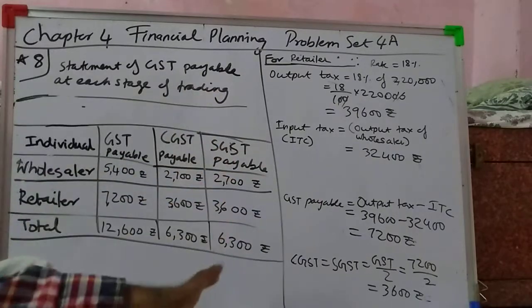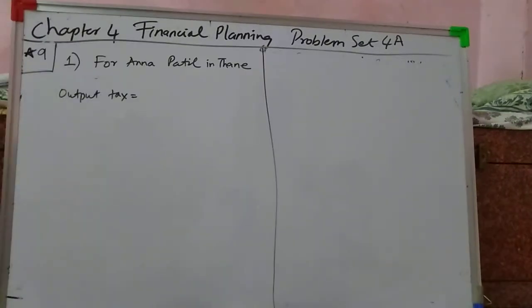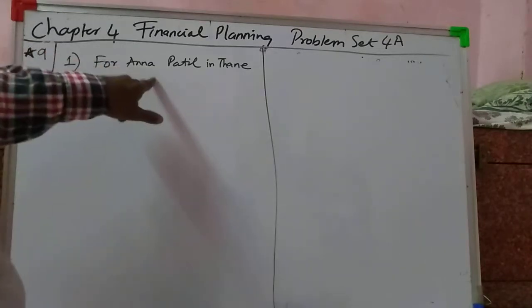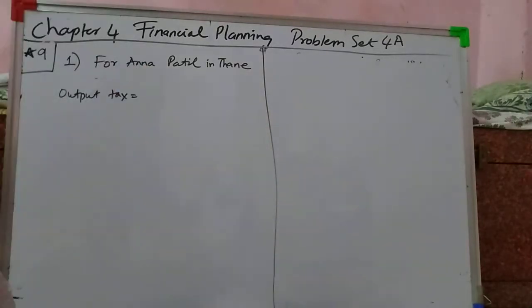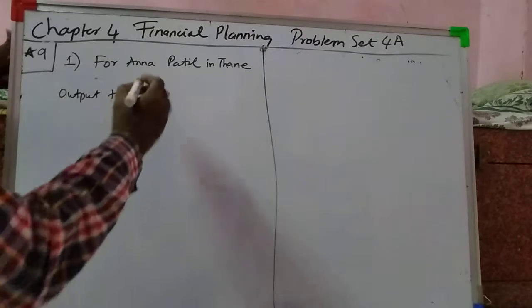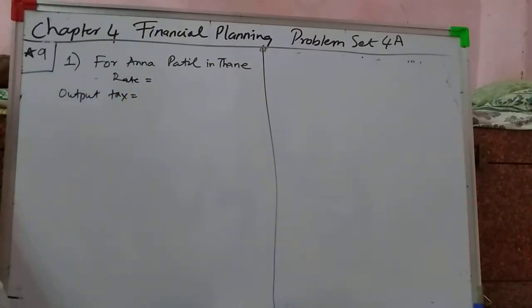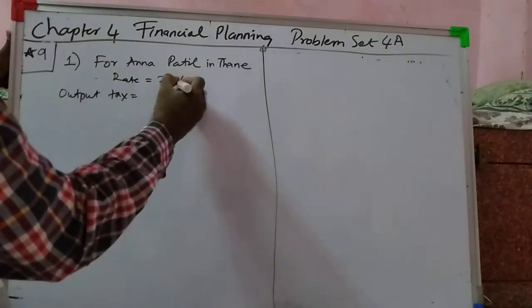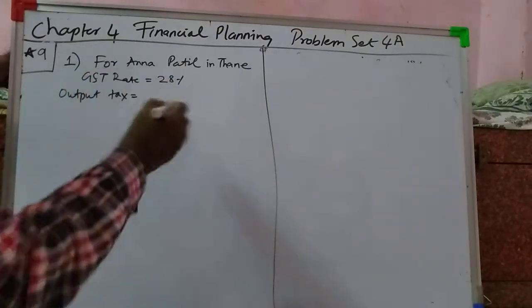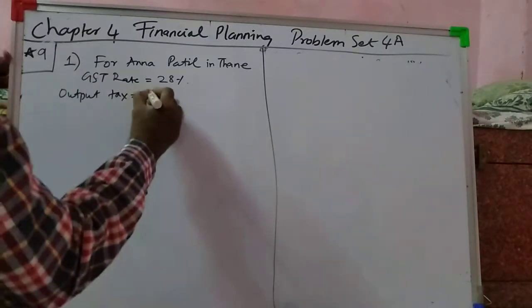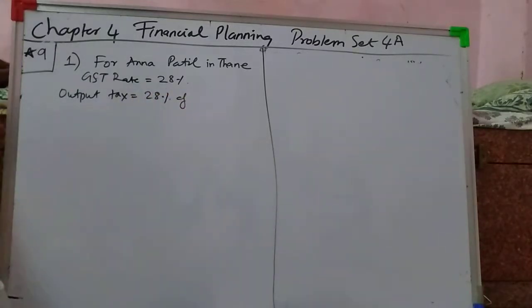Next we do the ninth problem. For the ninth problem, for Anna Patil in Thane, let's do the first part. First we calculate the output tax. The GST rate is given as 28%. So the output tax is 28% of the taxable value.